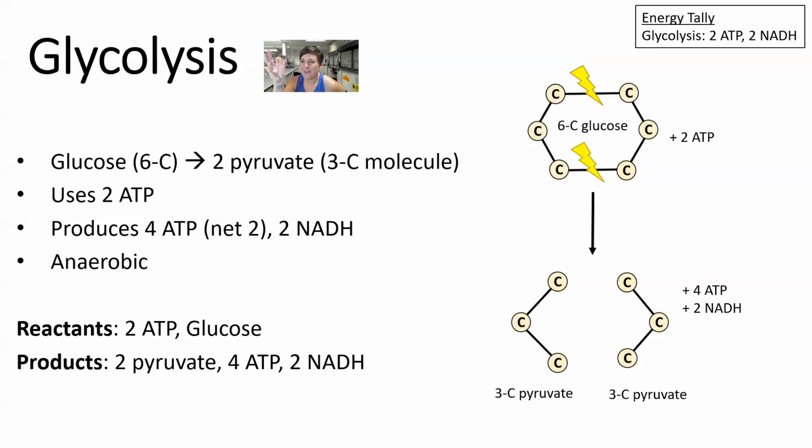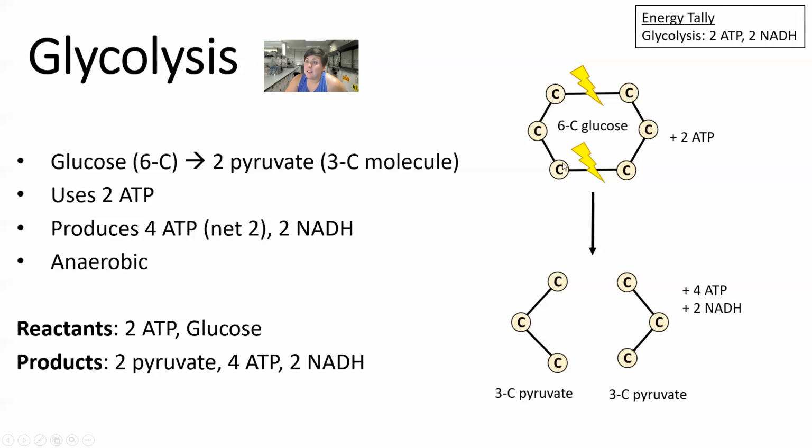We start with 6 carbon glucose. We break 2 bonds to split glucose in half. We start with 6 carbon glucose and we break 2 bonds in that 6 carbon molecule. 1 here, 1 here.